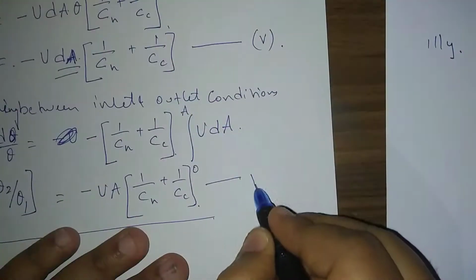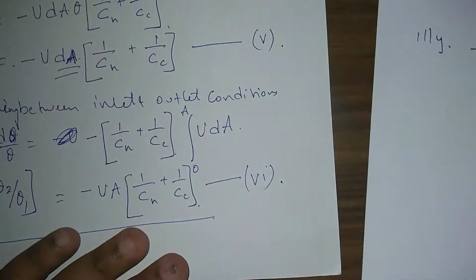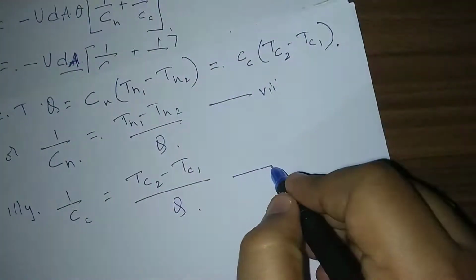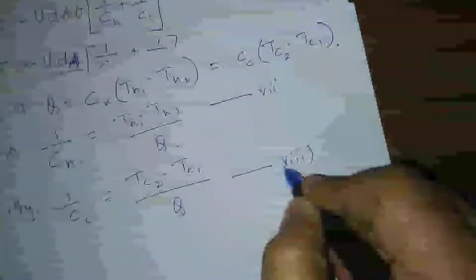I forgot to give the name. So this will be 7, this will be 8.